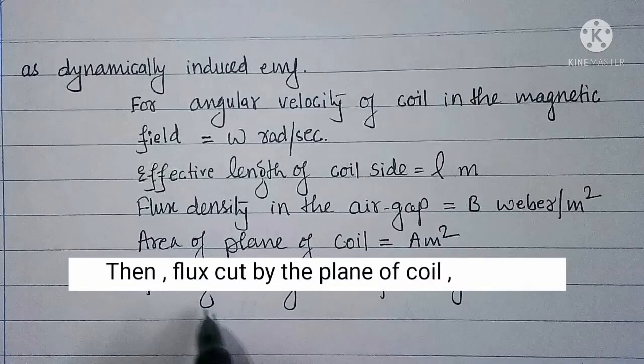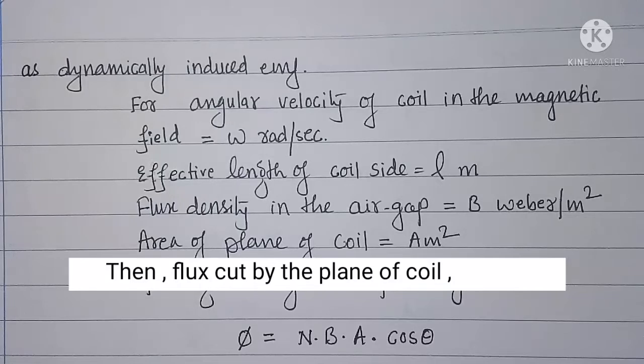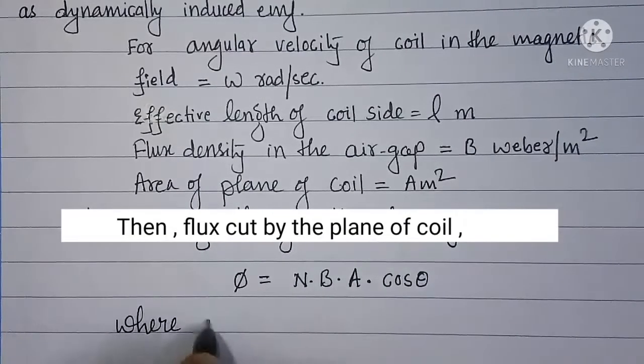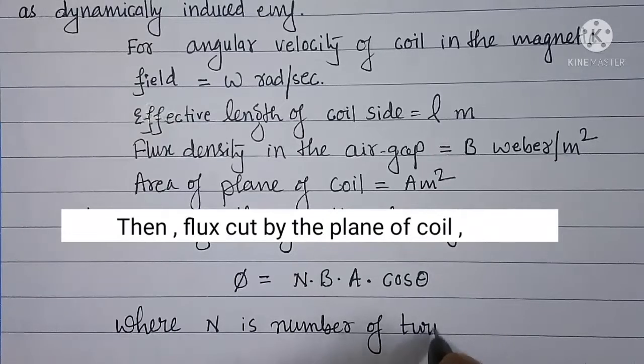Then flux cut by the plane of coil, phi, is given by N into B into A into cos theta, where N is number of turns in the coil.